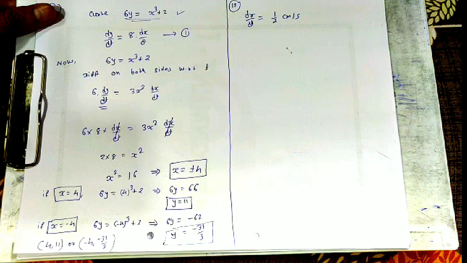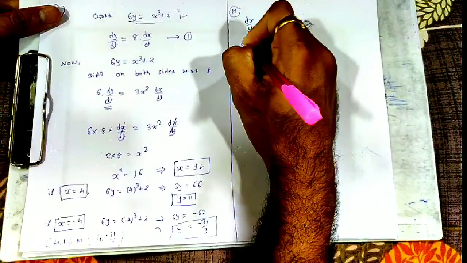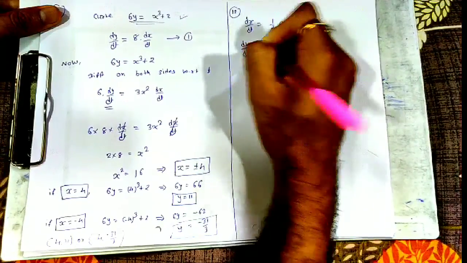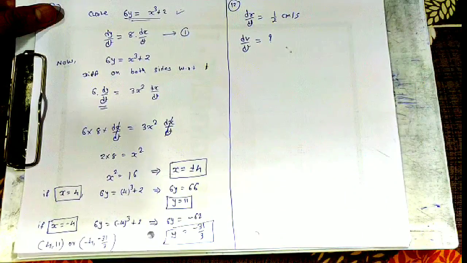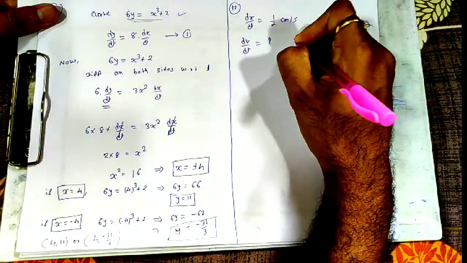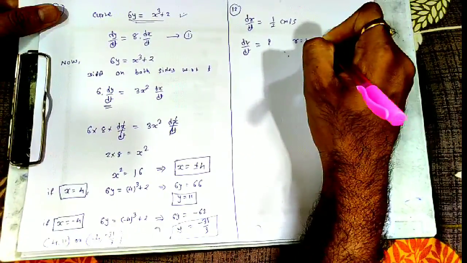At what rate is the volume of the bubble increasing? You have to find the rate of change of volume when radius r is 1 centimeter.